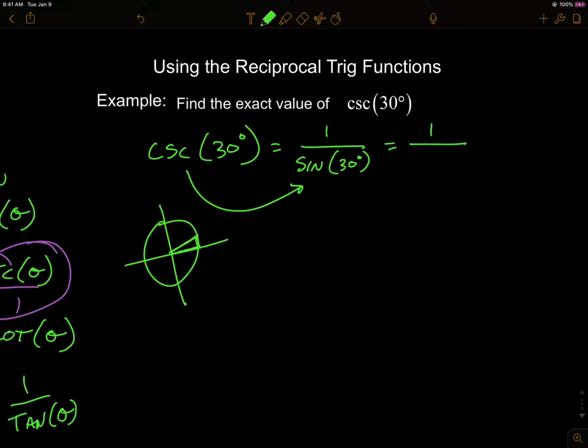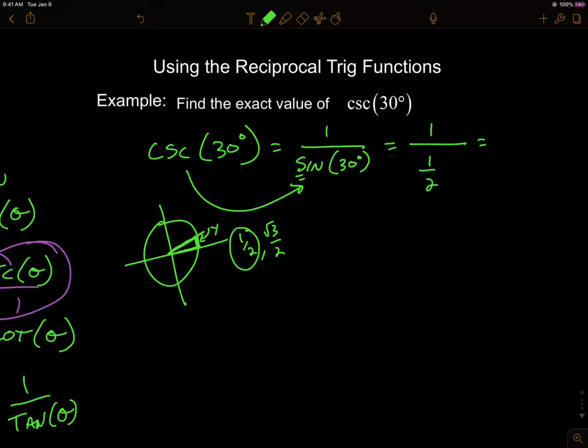I know the legs are different. The legs are either going to be 1/2 or root 3 over 2. How do I decide which one it is? Well, I know the sine value is really the y coordinate, or this vertical line. And when I have the low flat angle here, that's going to be the shorter leg of the 2. So that's going to be the smaller number. So it's 1/2.